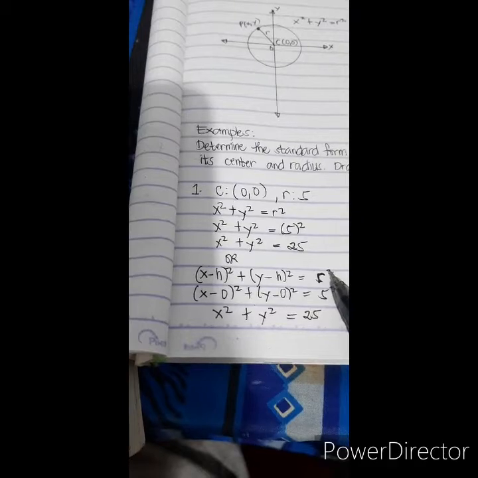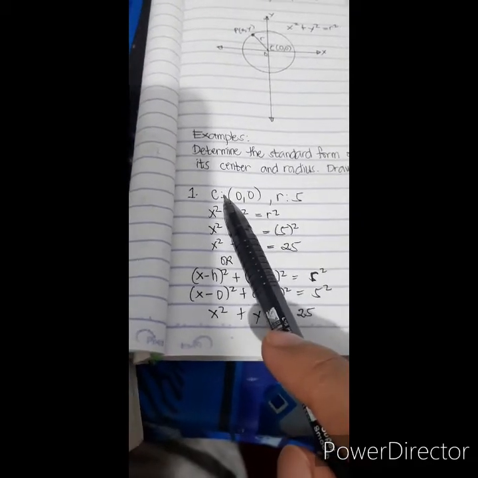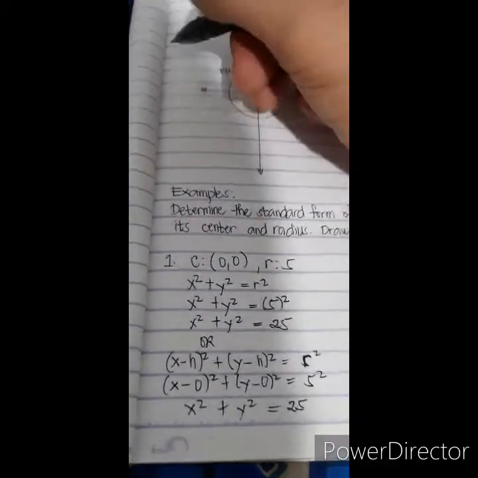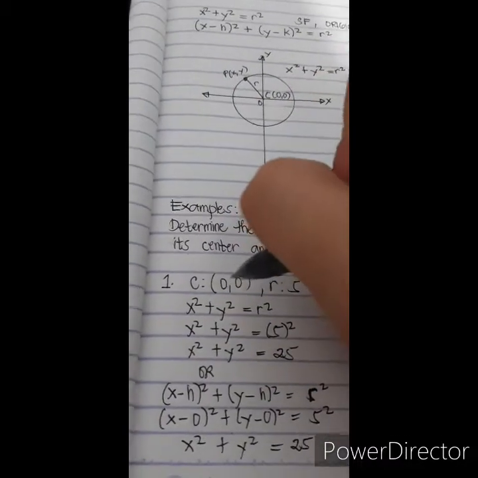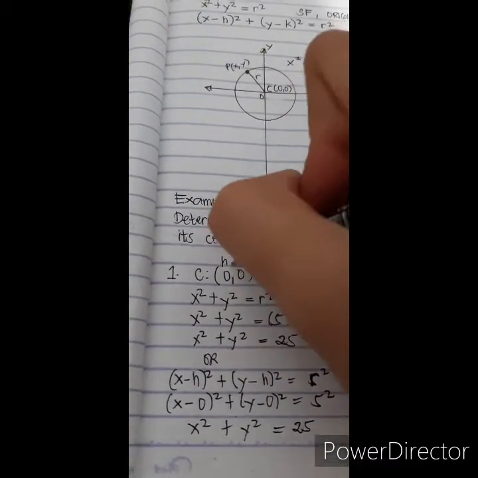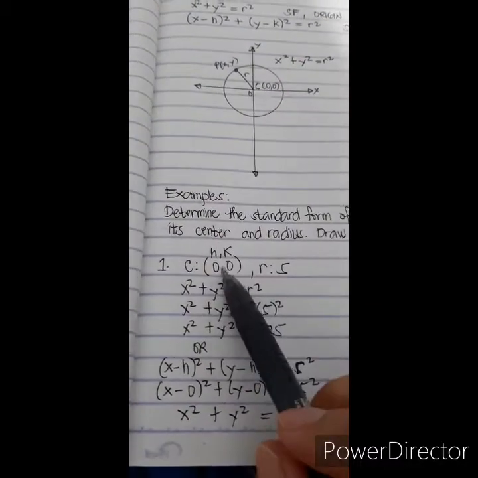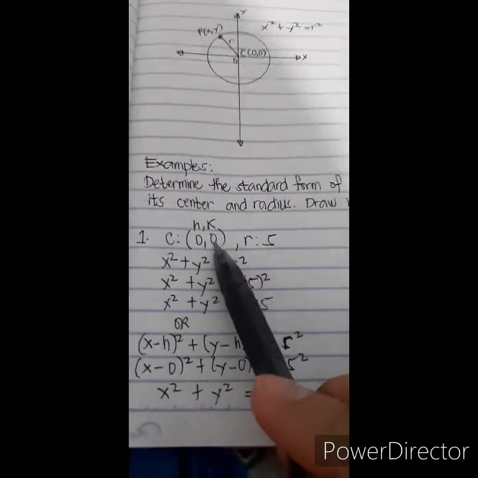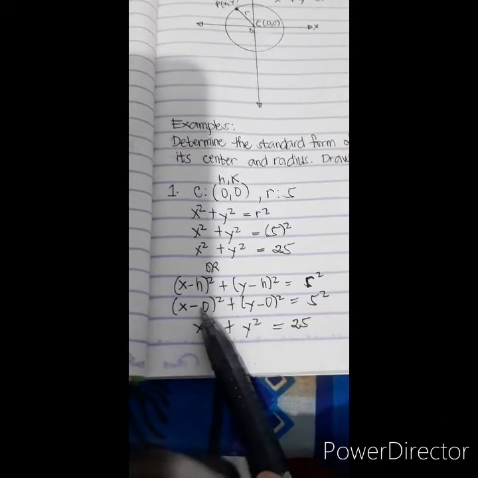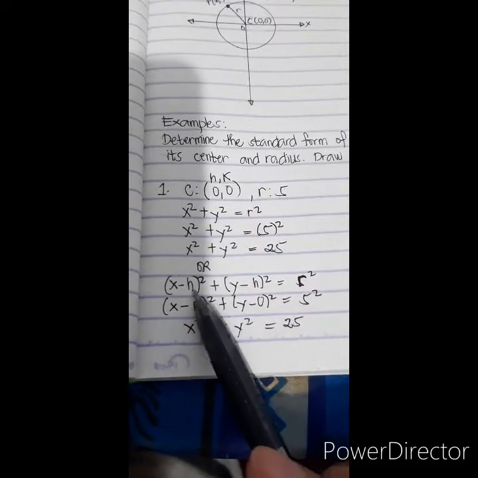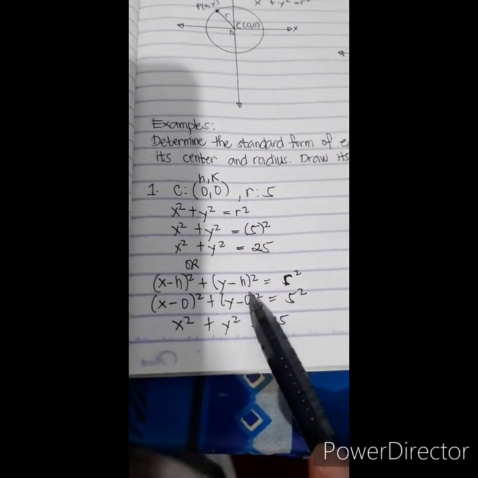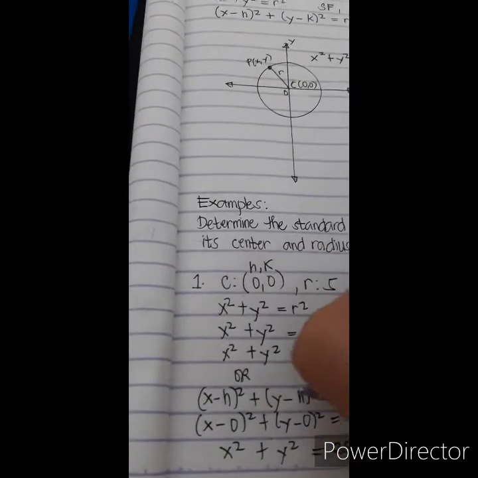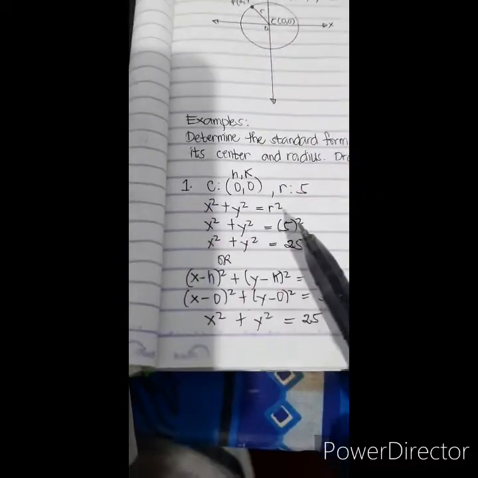We will just substitute the values of h and k. So here h and k are equal to 0, 0. So moving on, we're going to substitute 0 for h and another 0 for k. Sorry, it should be k.